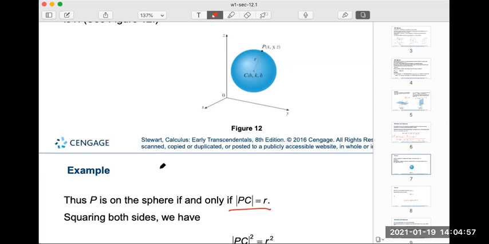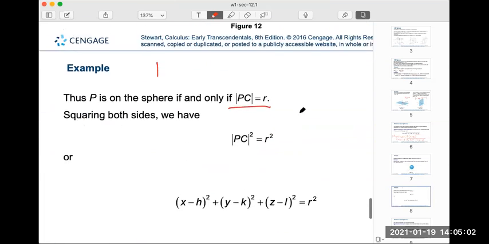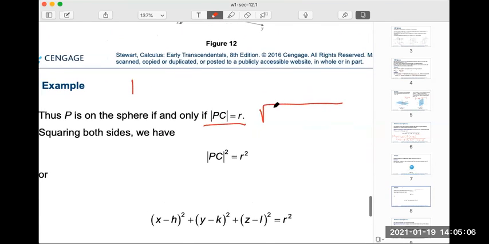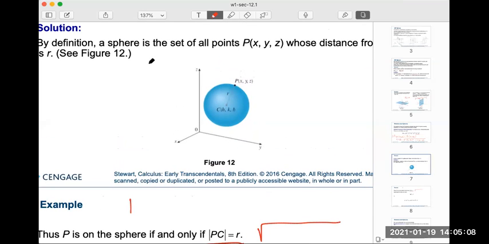Furthermore, the distance from P to C is the square root of, so let us write it explicitly here. We call it this way. Okay, square root of the x coordinate of P, what is it?